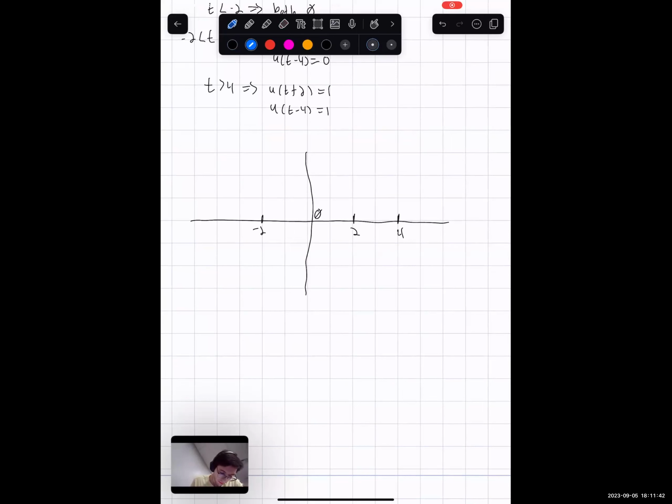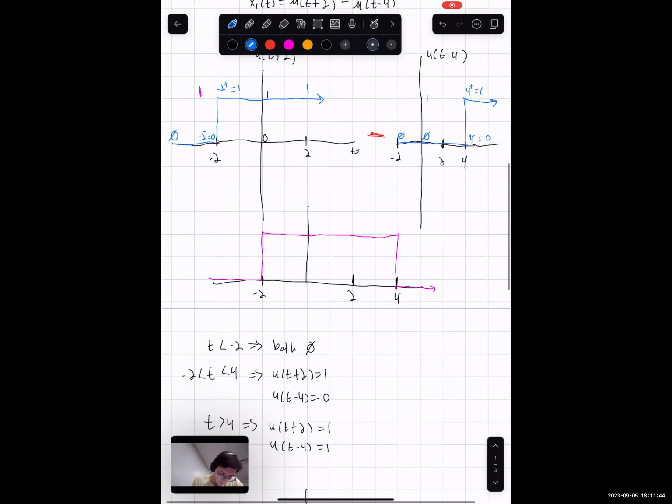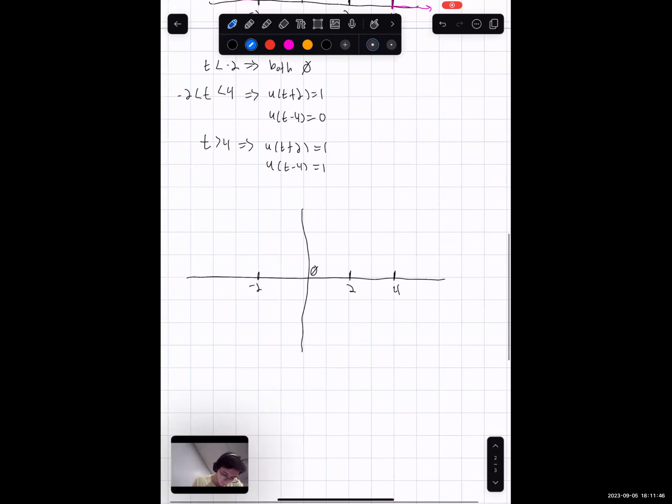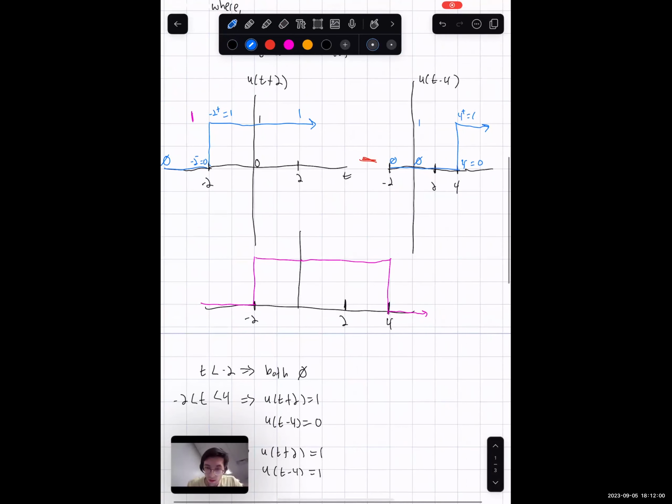But here, if we wanted to go back and graph u of t plus 2, it looks something like this, right? And then we could go back and graph it on the same plot and do a reflection.